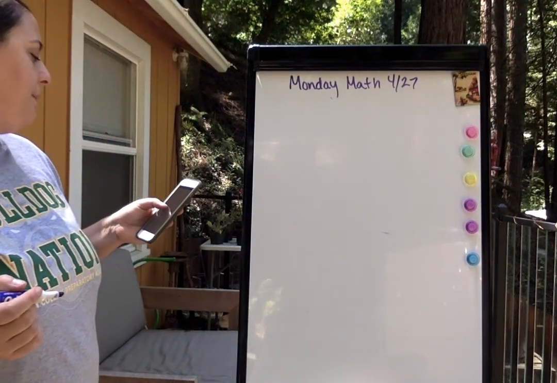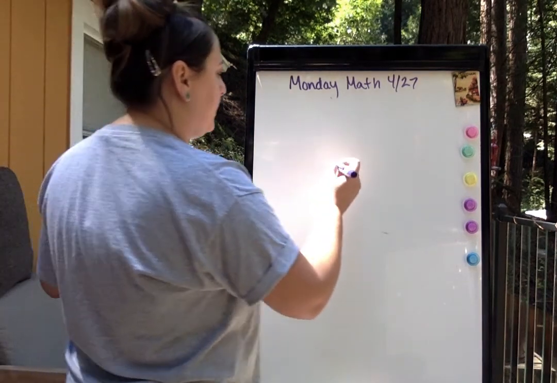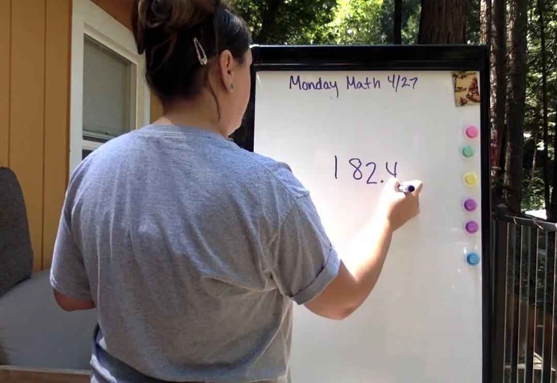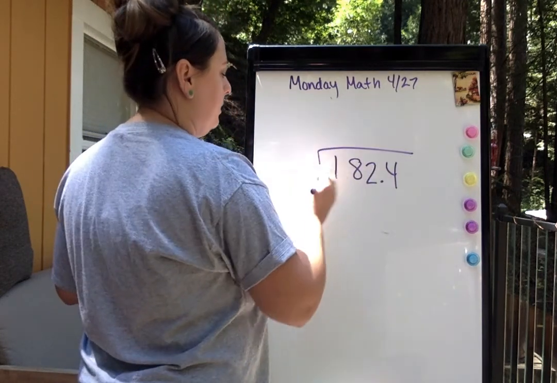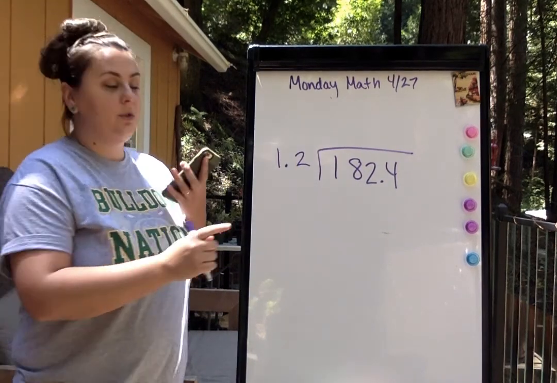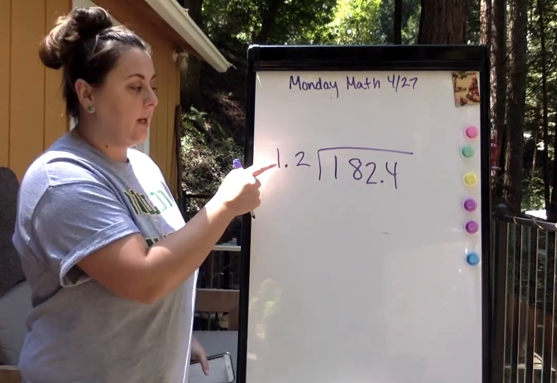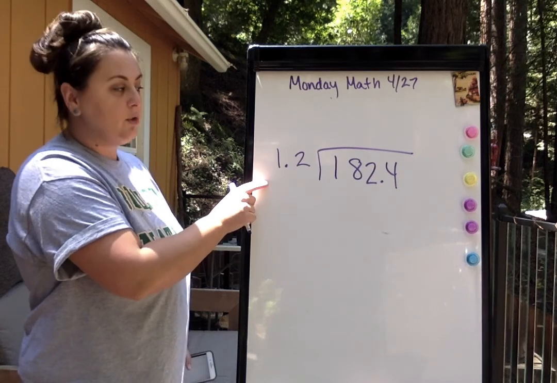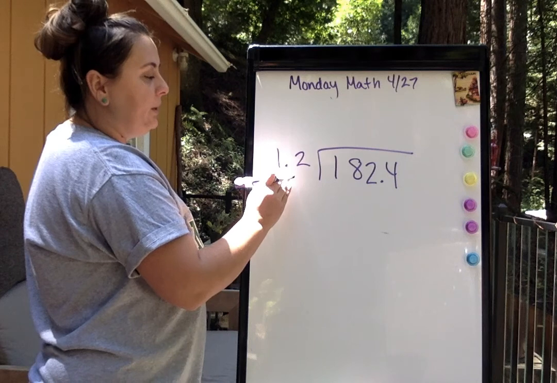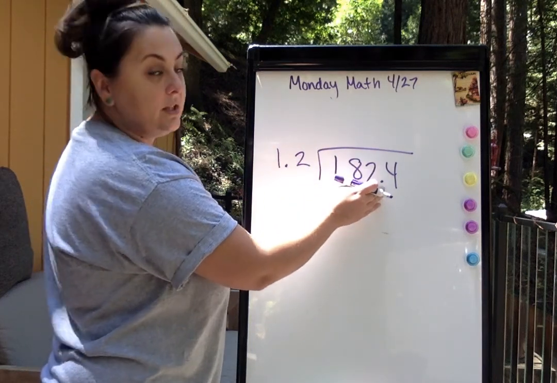Okay, next up, division of decimals. So we've got 182.4 divided by 1.2. You know that you cannot have a decimal as your divisor. So you need to make it into a whole number, and whatever you do to the outside, you're going to do to the inside.